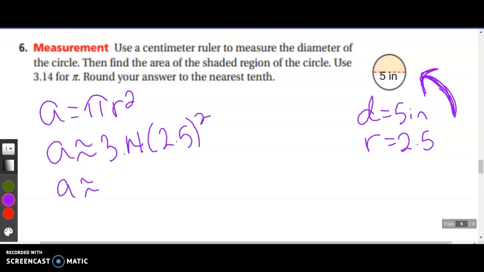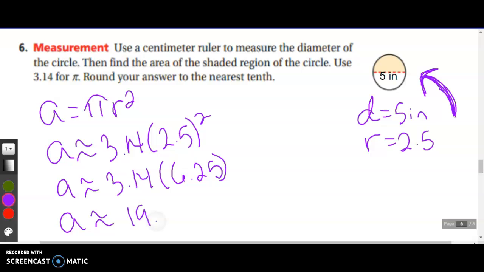Area is approximately 3.14 times 6.25. Area is approximately, did I do this whole thing? 19.625. Now, that represents the area of the full circle.